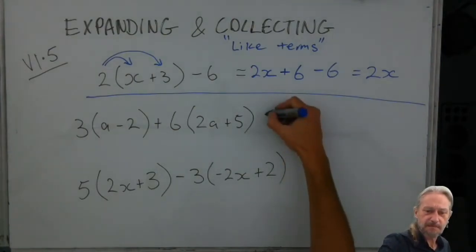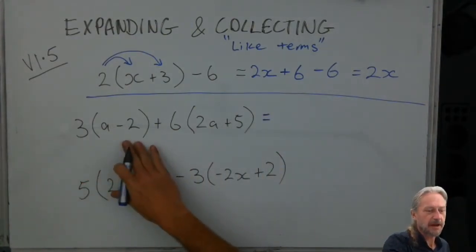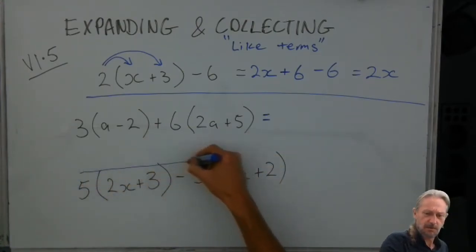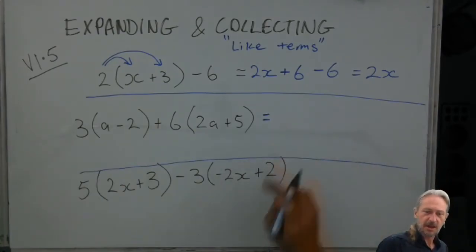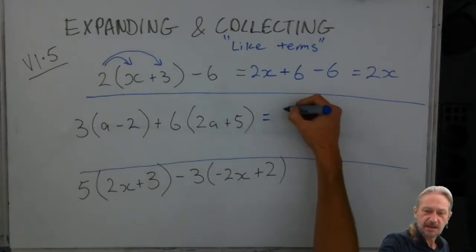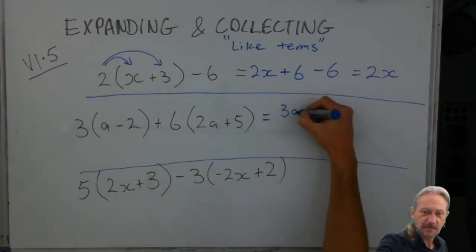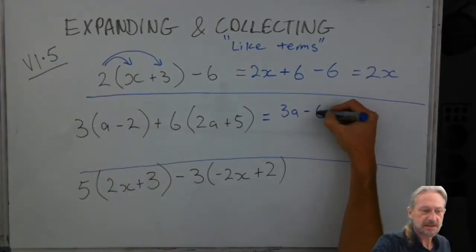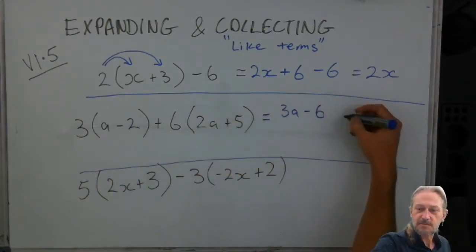So the first step is I'm going to multiply out each of these brackets, and then hopefully we'll have the space to collect the terms together. So the first one, 3 times a is, I'll write it up here a bit, 3a, take away 2 times 3 is 6. We're going to carry this plus on.